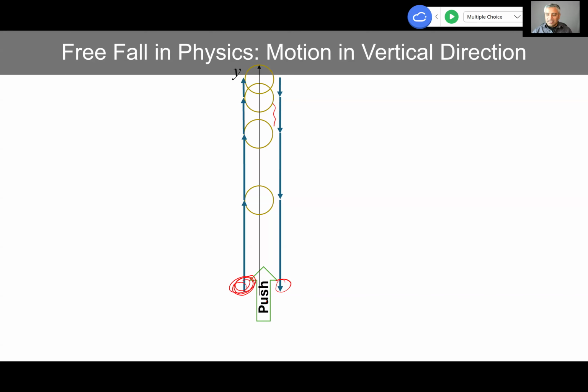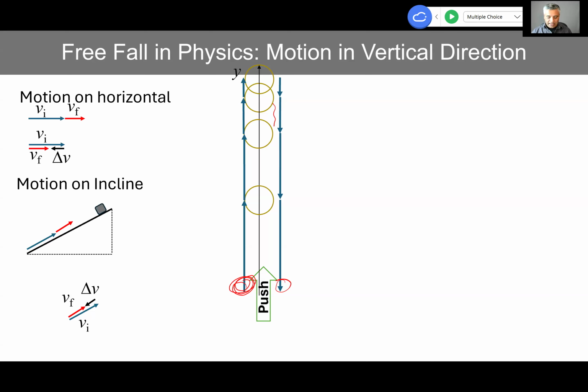So we can tell the acceleration by drawing the motion diagram. We can use the motion diagram and draw the change in velocity vector, isn't it? And we have learned that. For example, if something is moving in the horizontal direction, and the final velocity is smaller, see, the arrow is shorter, right?